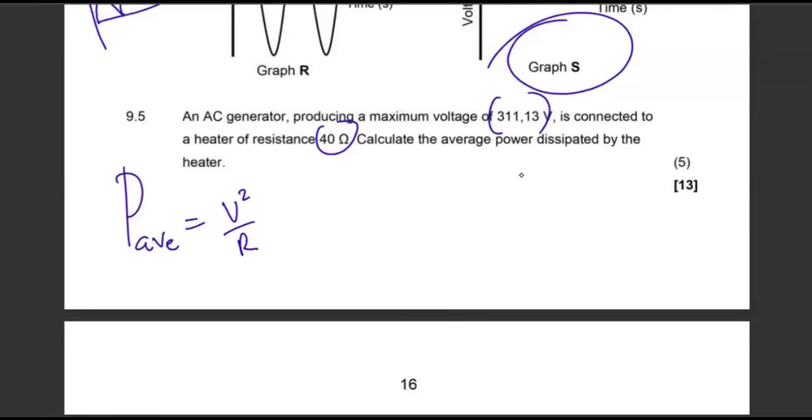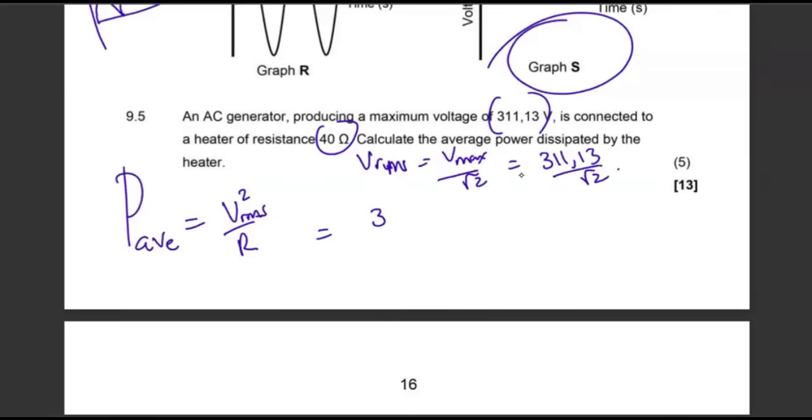So I have to look for the VRMS if I have the Vmax. VRMS is going to be Vmax divided by the square root of 2, which is 311,13 divided by the square root of 2.